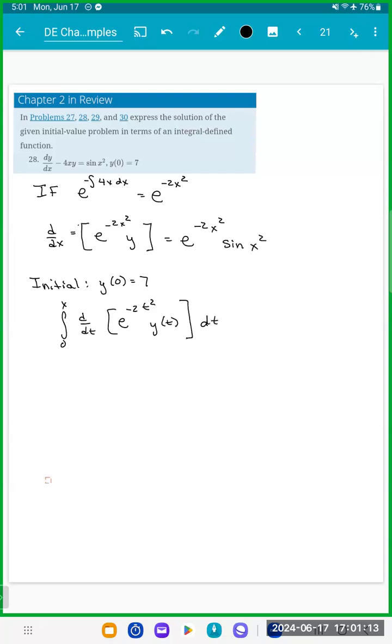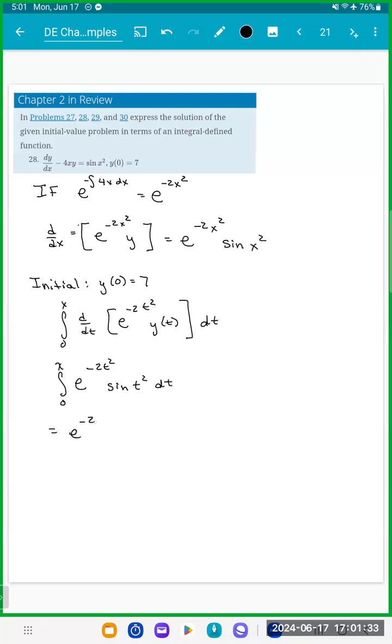Okay, so this is going to give me the integral from 0 to x of e to the negative 2t squared sine of t squared dt.